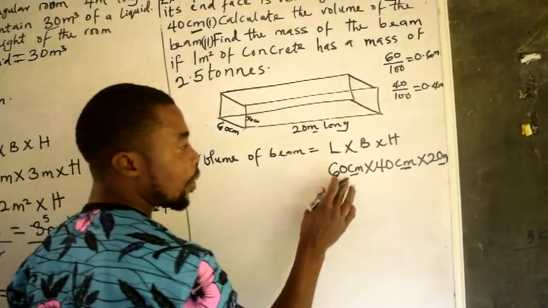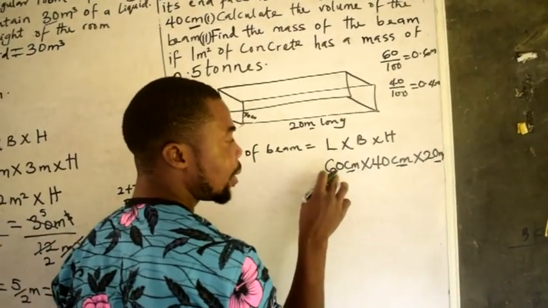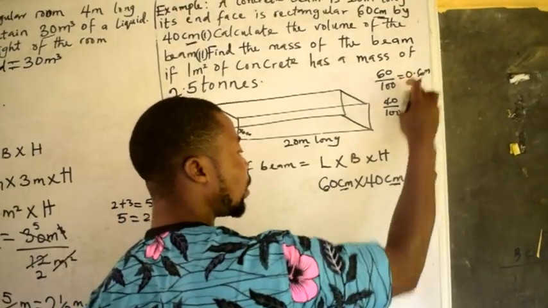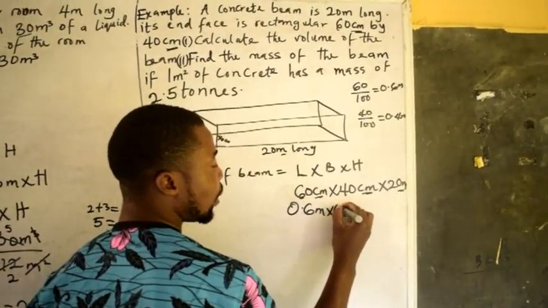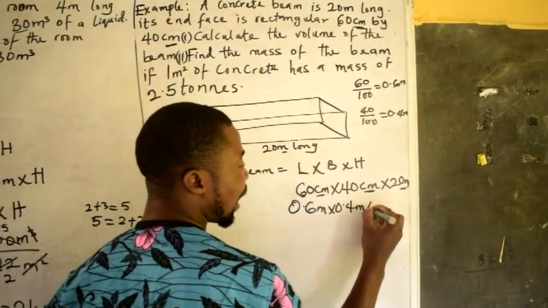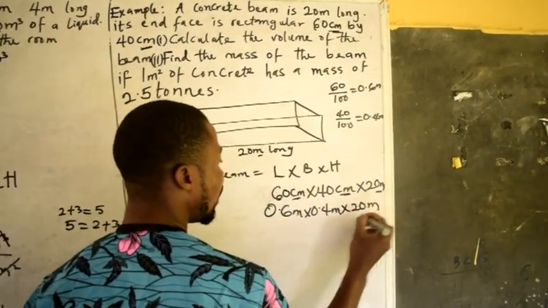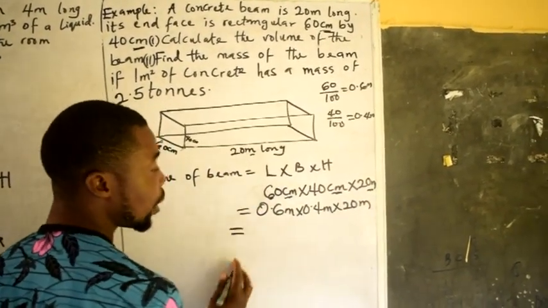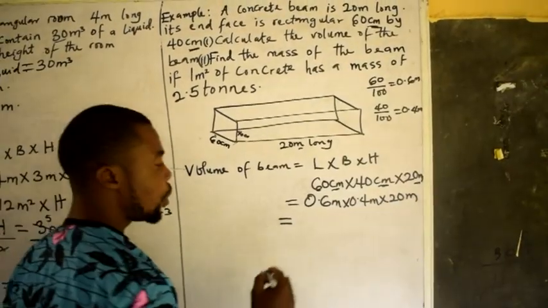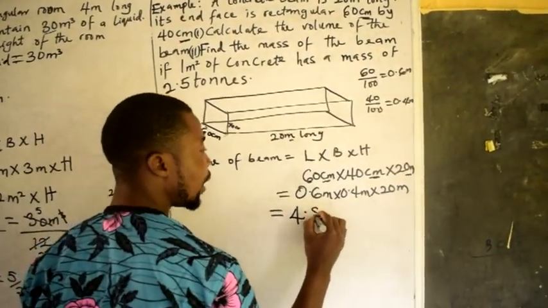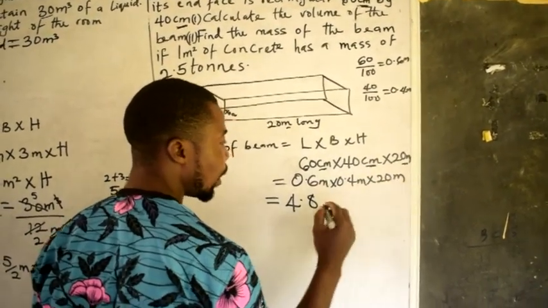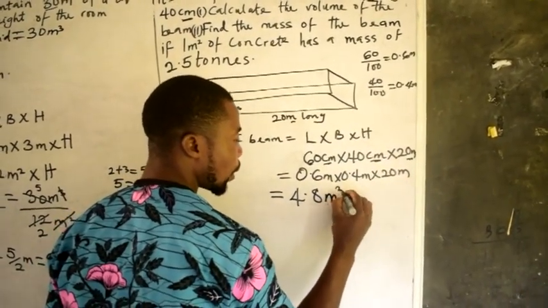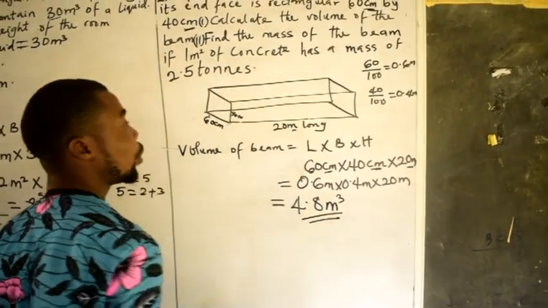So 0.6 meter times 0.4 meter times 20 meters gives 4.8 meter cubed.